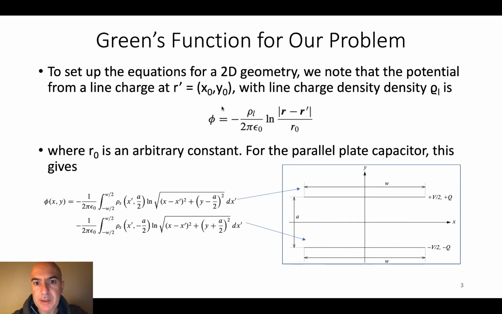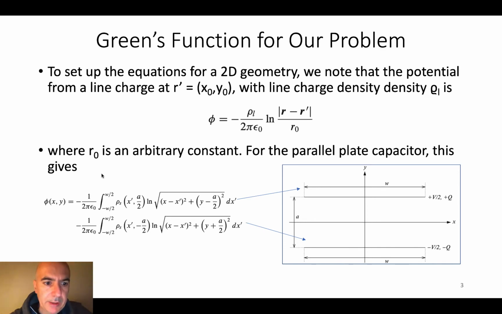So roughly speaking, the Green function is the linear charge density multiplied by a logarithm that is a function of the distance between the observer and the source. For the parallel plate capacitor, we will have two line sources, because we have two plates.